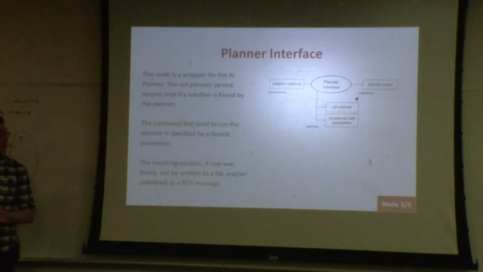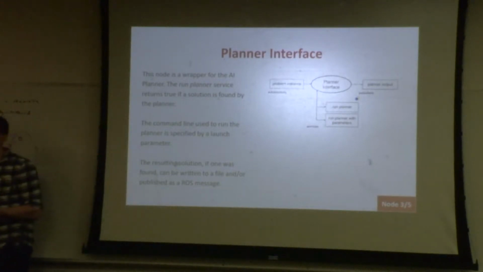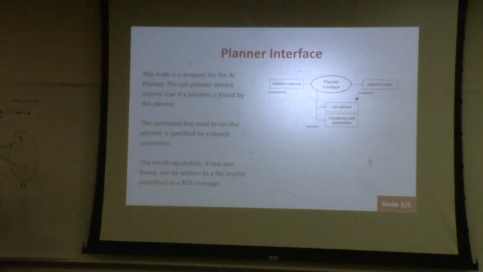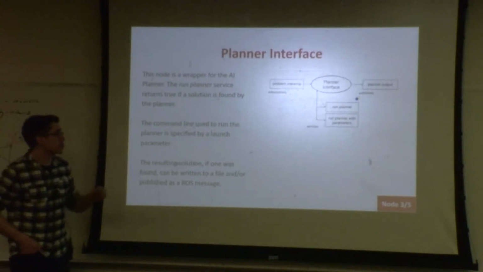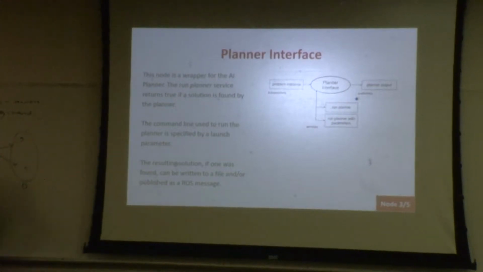We have planner interfaces now for 6 different planners, and fortunately a lot of them now do use the same output format and input format, which means there's quite a wide choice of planners available to be used directly out of the box.